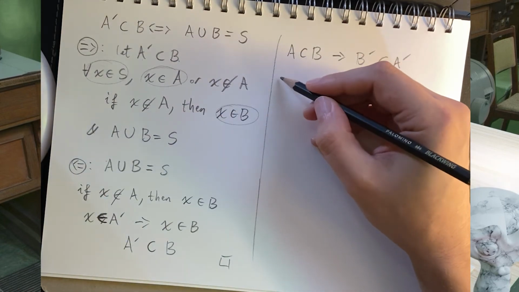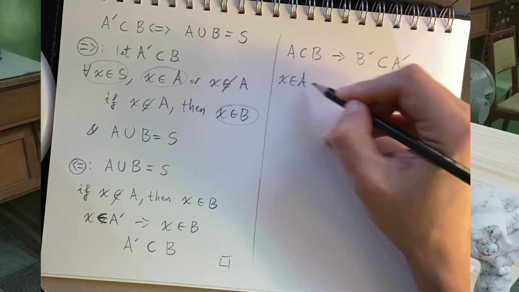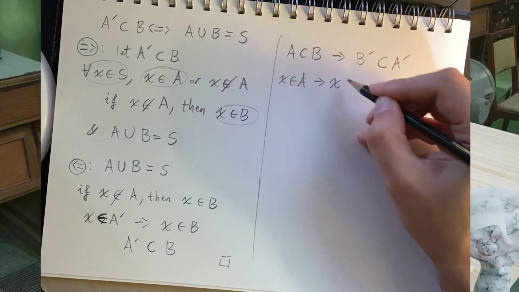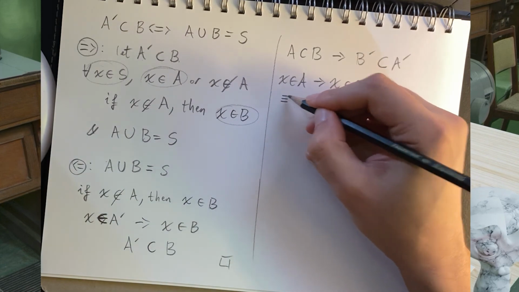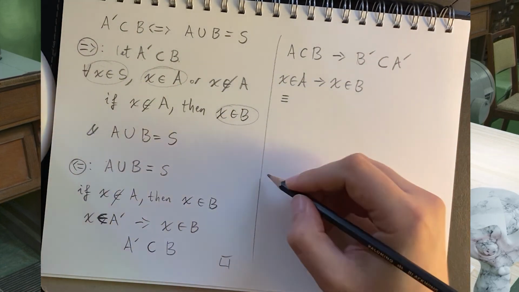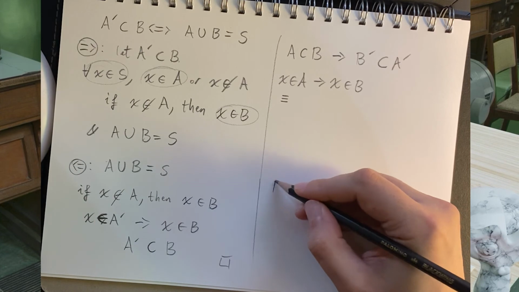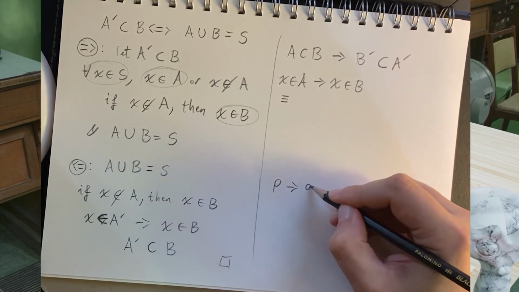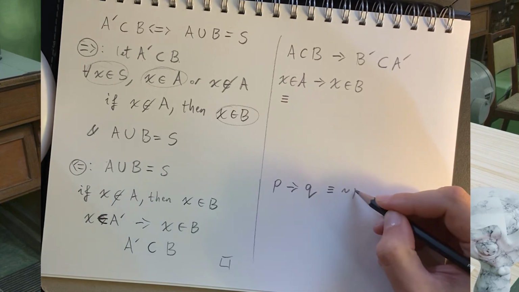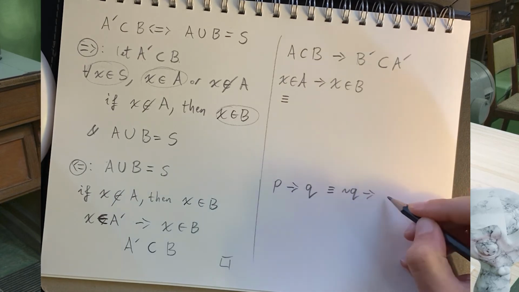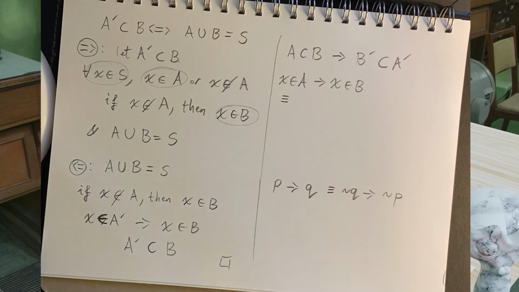We have X in A implies X in B. Well, contrapositive. The contrapositive goes P implies Q is the same as not Q implies not P.